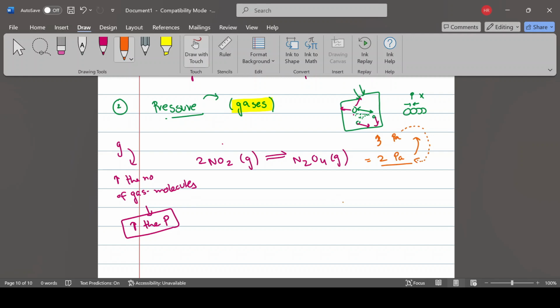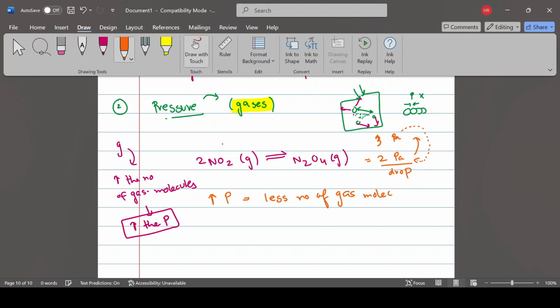Now how is it going to do that? It's going to favor the side of the reaction where there are fewer molecules of gas present, so the pressure can drop back to 2 pascals, right? So the rule here is that if the pressure has been increased, then that side of the reaction will be favored which contains fewer gaseous molecules.